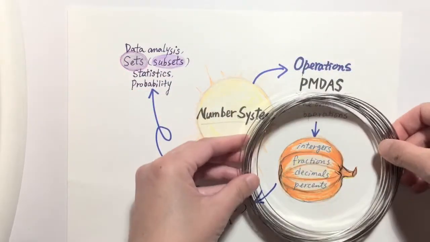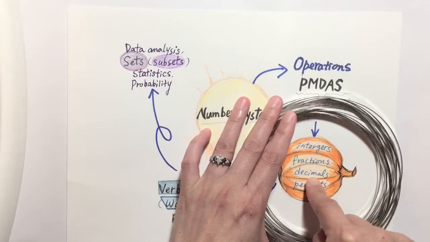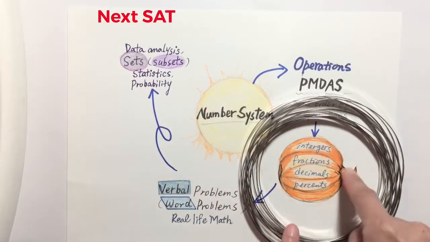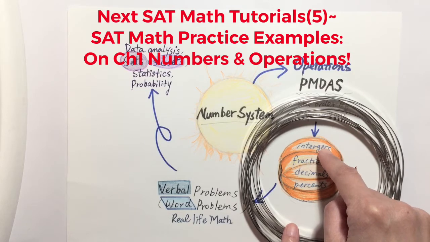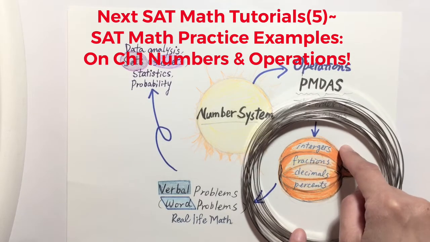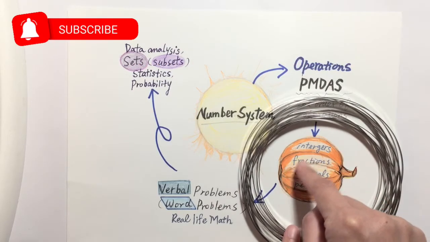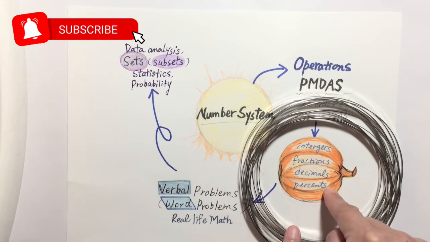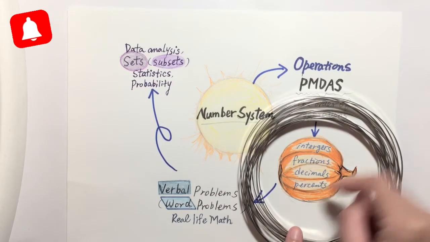And here I use the rational numbers as examples in this pumpkin drawing, like integers, the whole numbers, positive and negative integers, and the zero, or not integers, fractions. And actually fractions, decimals, and percents are the same concept but in different forms, okay?